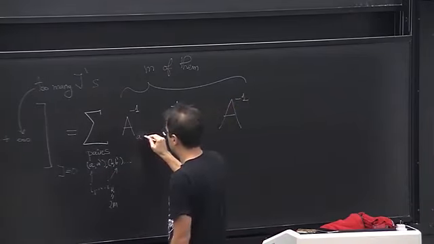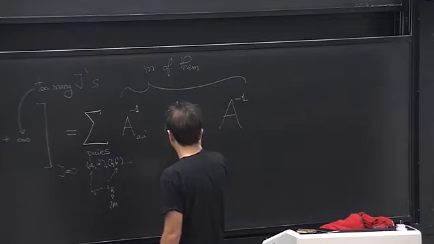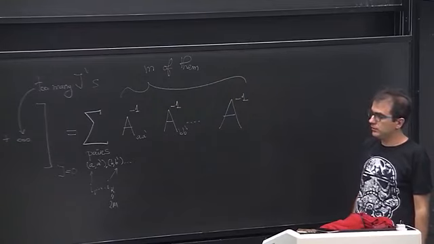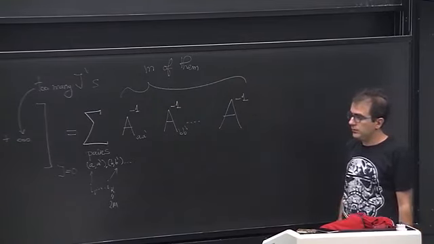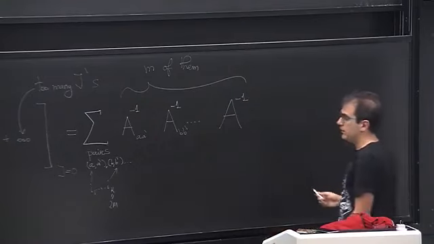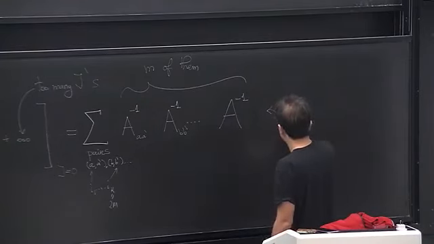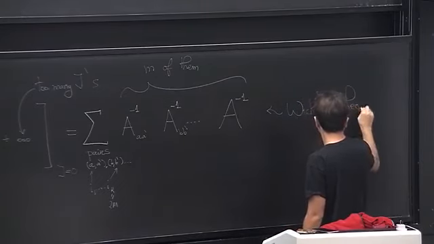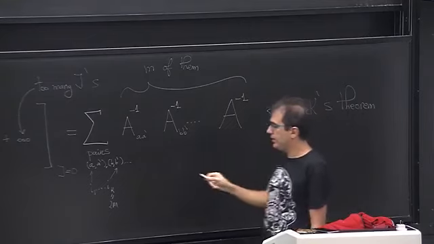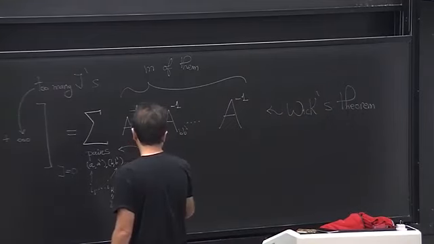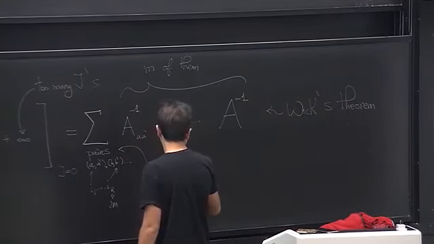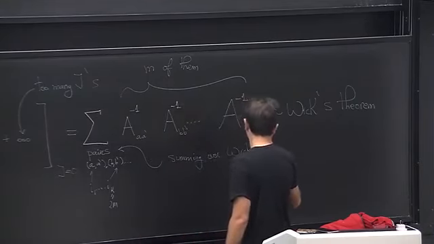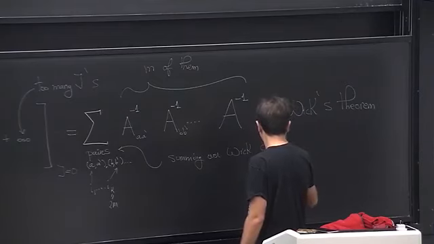And the claim is that this is the full result, and this is what's called Wick's theorem. This summation over pairs is what we call summing over weak contractions. That's just names.